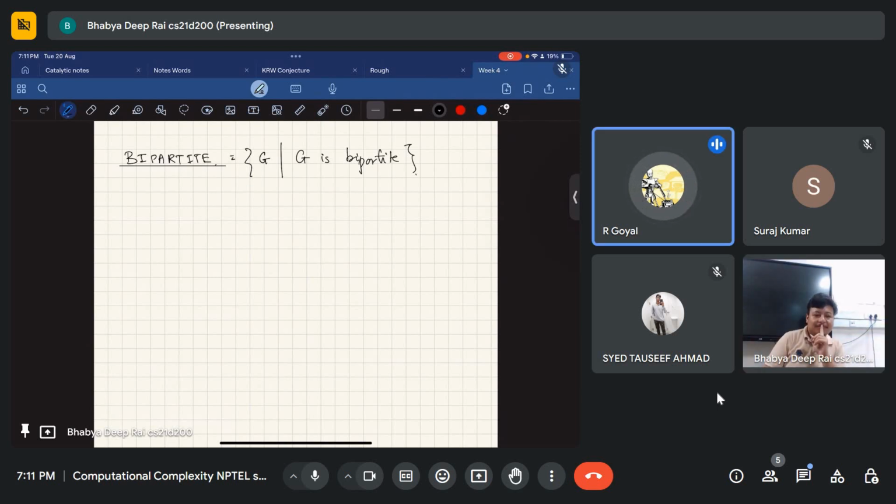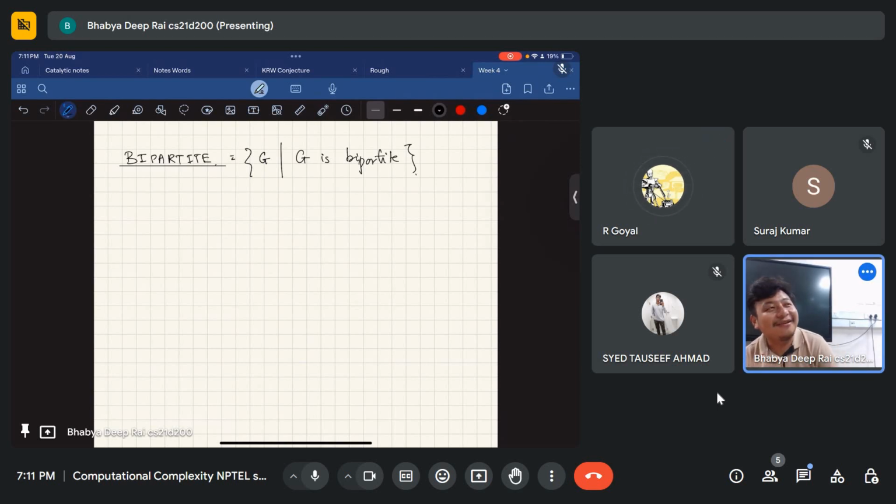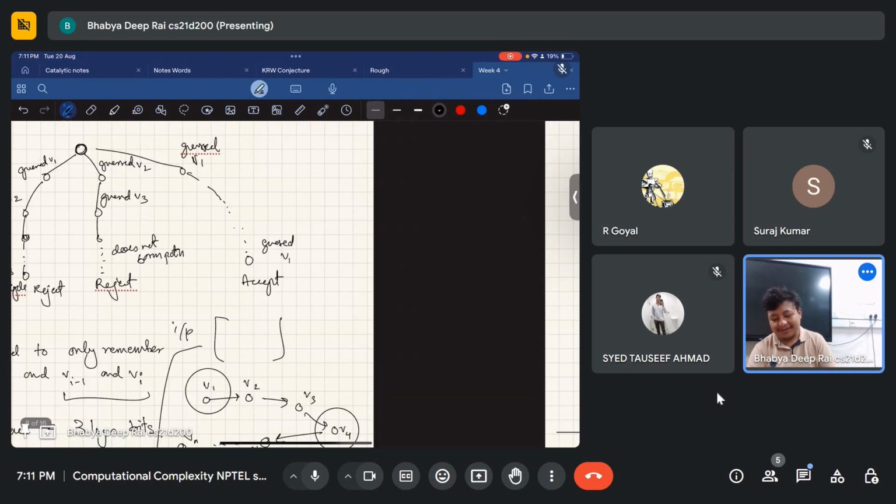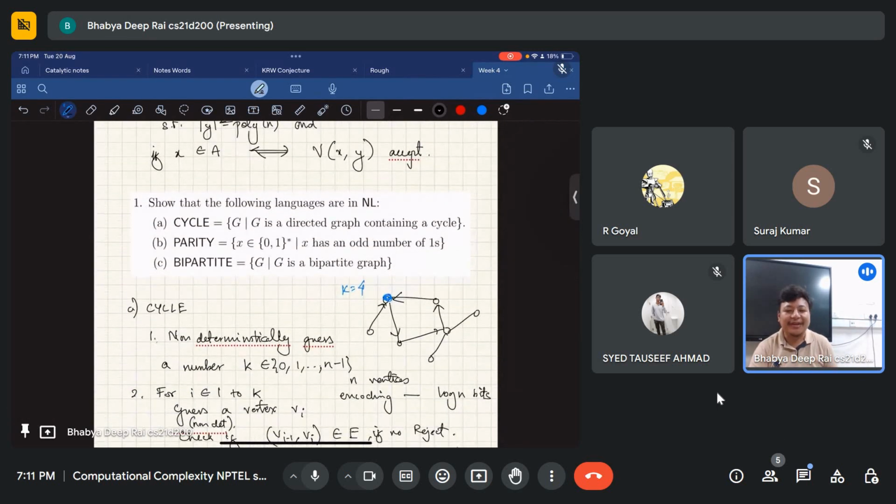For the bipartite, except that two-coloring thing, I do not remember the other criteria. Right. But my hint would be to use one of the previous ones, either A or B. One of them will help you to solve this case.